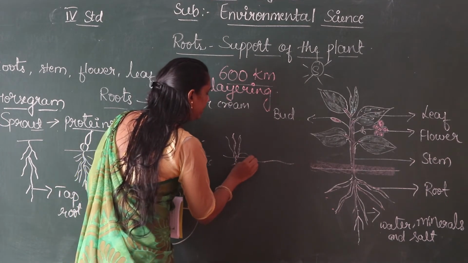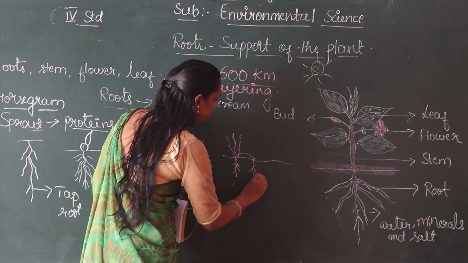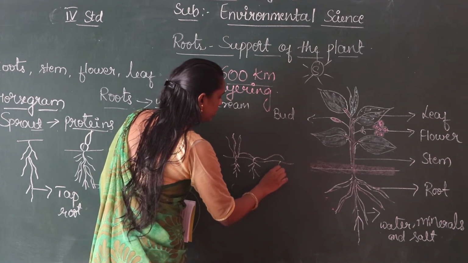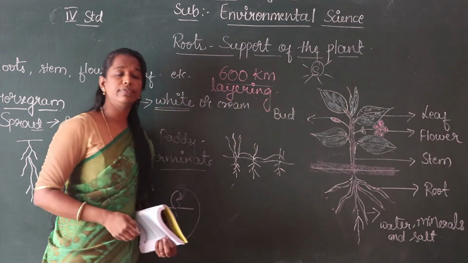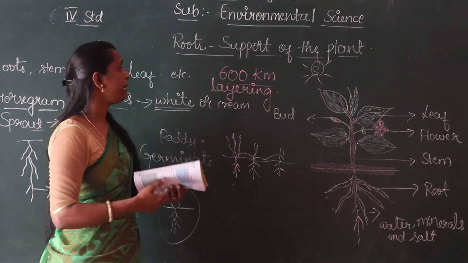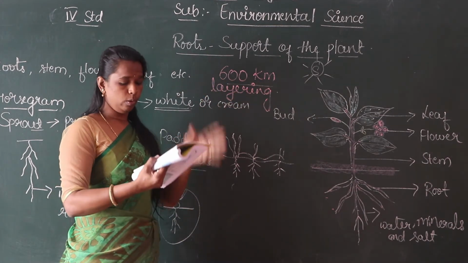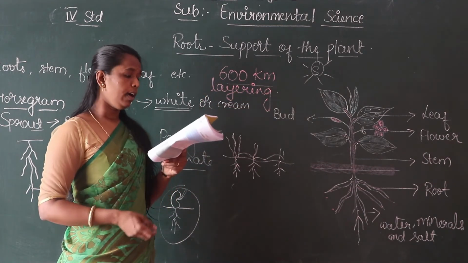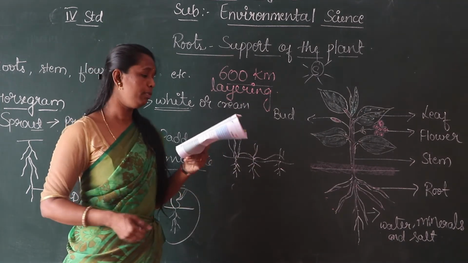So in the layering method, it will be spread. So like this, the roots of the grass spread out to how many kilometers? 600 kilometers. And this is, for example, a distance about Bangalore to Kalburgi.